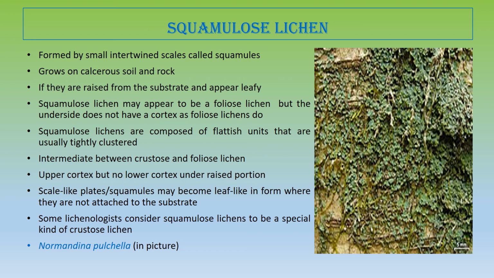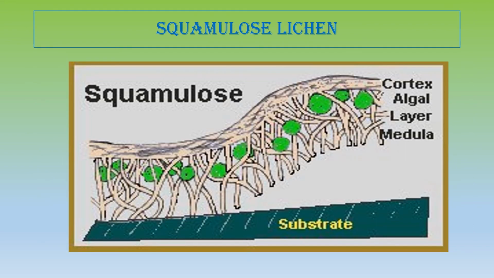Now, the thallus of squamulose lichen is homomerous, flat and closely adhered to the substrata, and the margins fold up, and in this margin area we don't see the upper and the lower cortex. This is the structure of squamulose lichen.